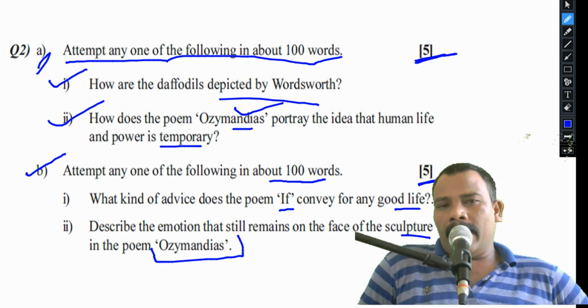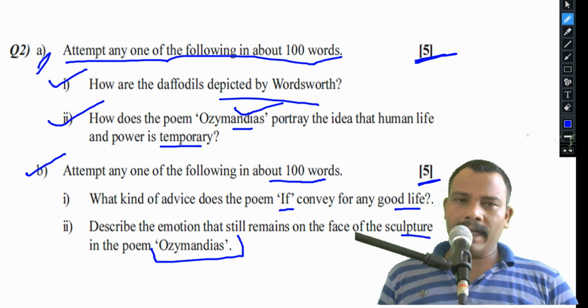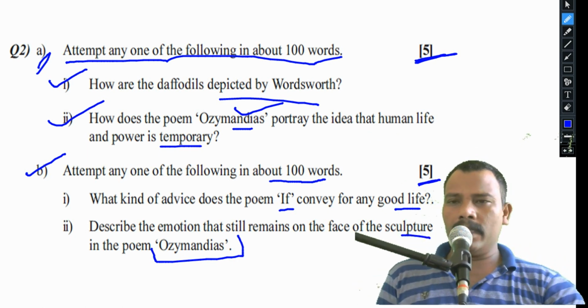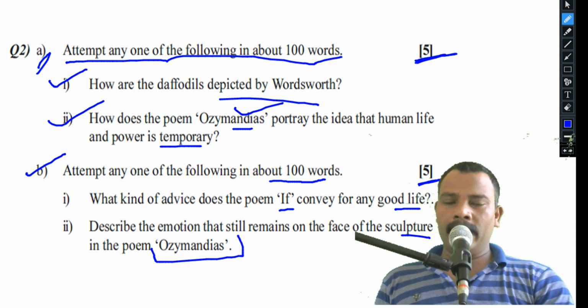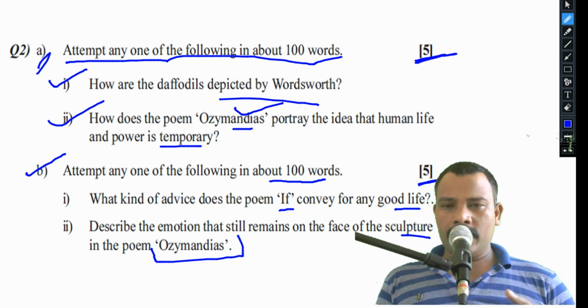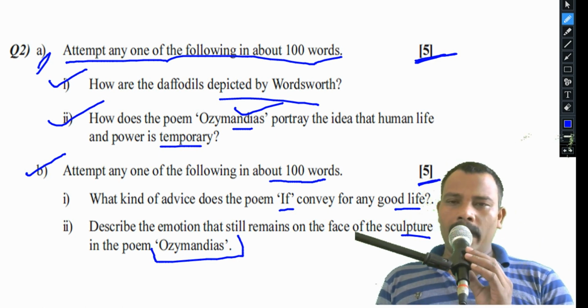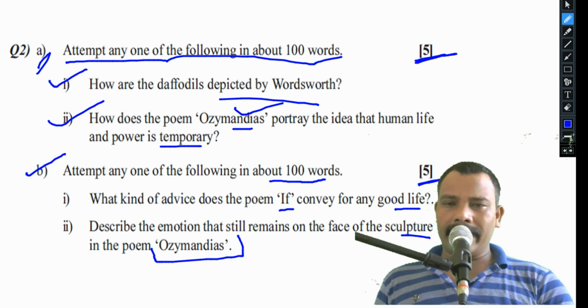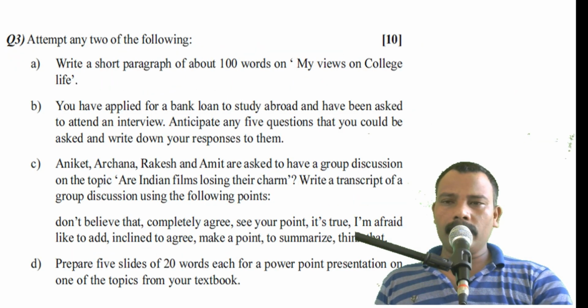All these poems carry a total of 10 marks: question 2A for 5 marks and question 2B for 5 marks, based on 3 poems. I am repeating deliberately so that you understand this part: "Daffodils" by William Wordsworth, "Ozymandias" by P.B. Shelley, and "If" by Rudyard Kipling.